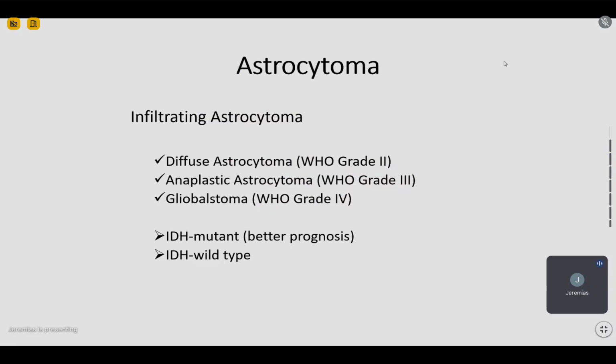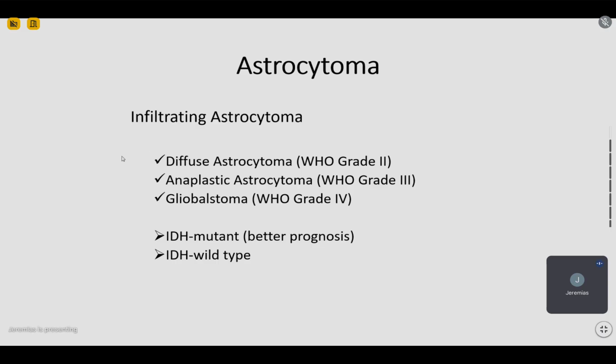For astrocytoma, we have infiltrating astrocytoma, classified based on the WHO. The diffuse type, diffuse astrocytoma, is WHO grade 2. If it is anaplastic, where the tumor cells show anaplasia, the grade becomes grade 3. And then the higher grade is glioblastoma, which is WHO grade 4.